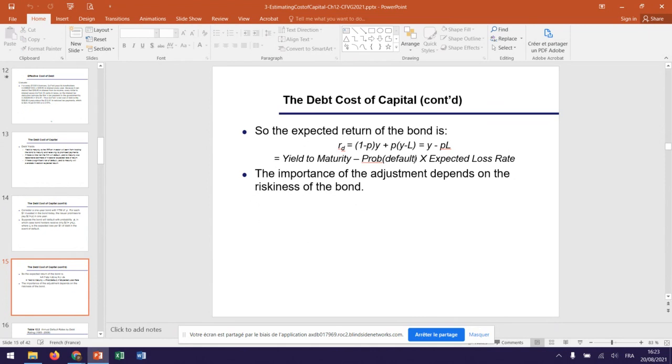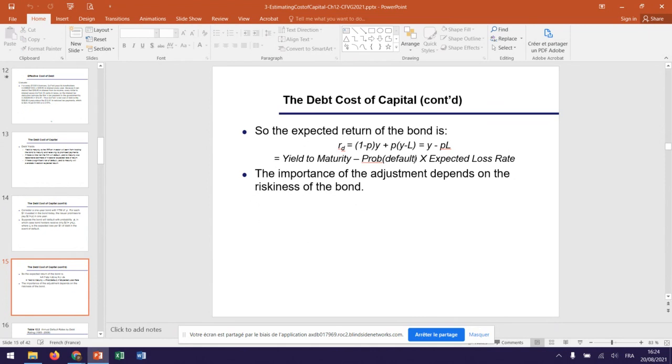In case it's not default, you get the yield, multiplied by 1 minus P. So therefore, the total expected return of the bond, of the debt, RD, is equal to 1 minus P multiplied by Y, plus P multiplied by Y minus L. If I derive this equation, I get that RD should be equal to Y minus PL, which is the yield to maturity minus the probability of default multiplied by the expected loss rate.